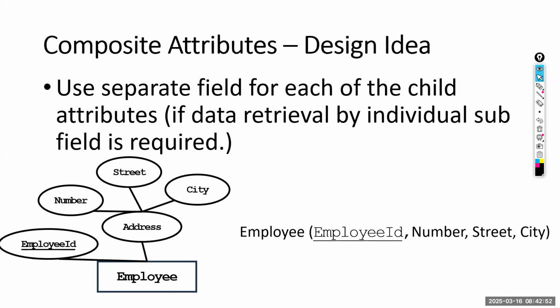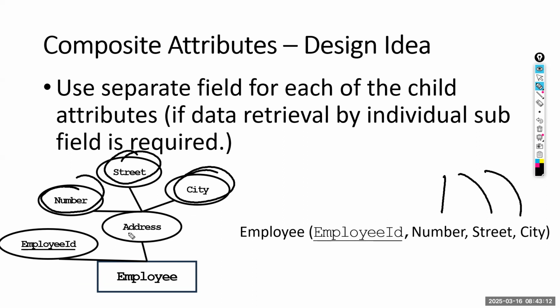Right. So what about when you have composite attributes? When you have composite attributes, that means that attribute we can further divide meaningfully. So then in your table, make sure you have those sub attributes only. Sub attributes only, not an address field. Number, street, city. Okay. What are the advantages? Anyone? Why is this preferred as a design? You must know the reason also, right?